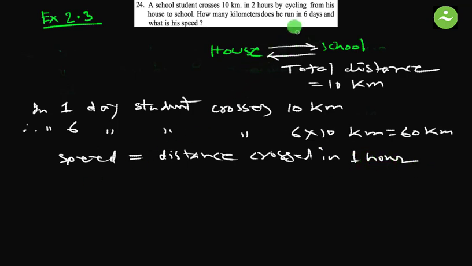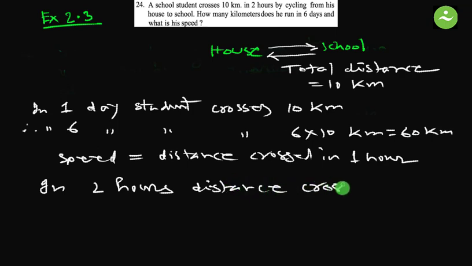So we put kilometer on the right and hours on the left. So we can write in 2 hours, distance crossed 10 kilometers.